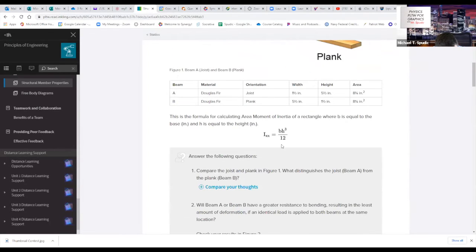So everybody write down that equation. I_XX, and that just means about what point. It would be from this point to that point, you know, the symmetry or whatever. It is equal to base times height cubed divided by 12.